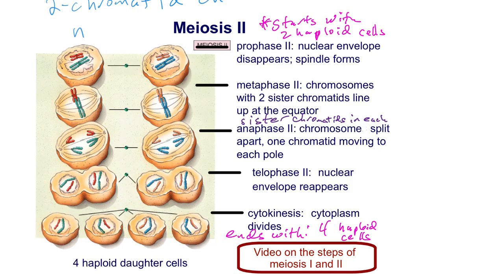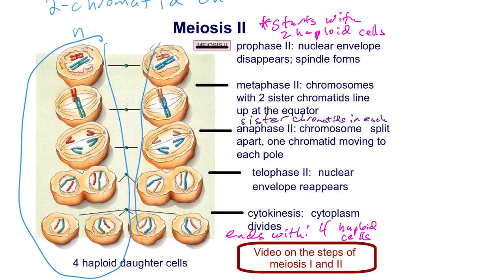So all we have to do is look at one of these, but it happens with the other daughter cell from meiosis 1 as well. Okay, so what's going to happen? That's prophase. The nuclear membrane disappears. The spindle forms and moves the chromosomes to the middle of the cell.